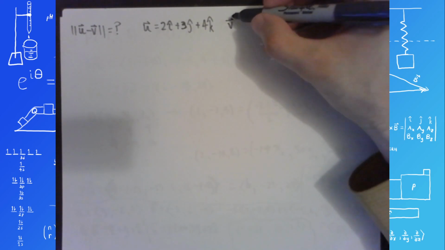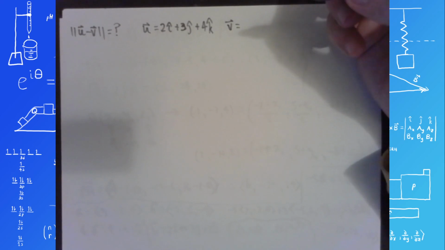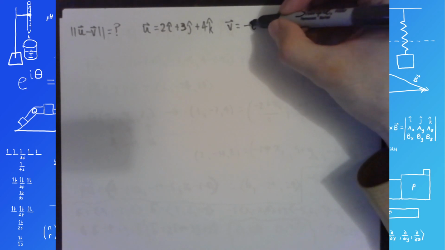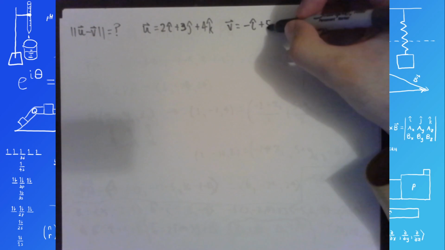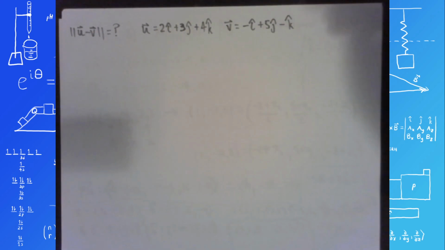And then v is negative i hat plus 5j hat minus k hat.